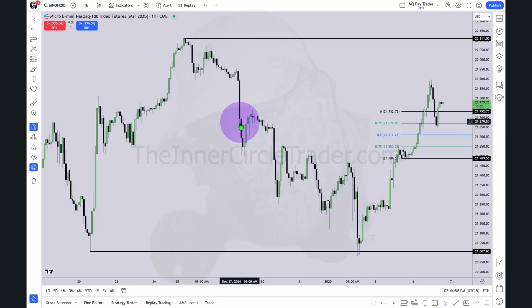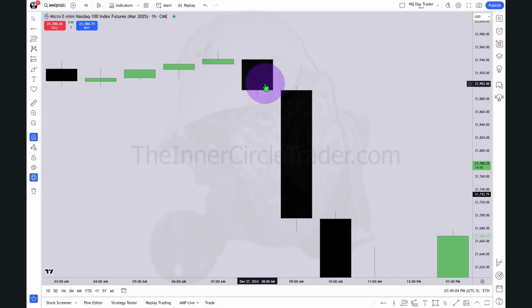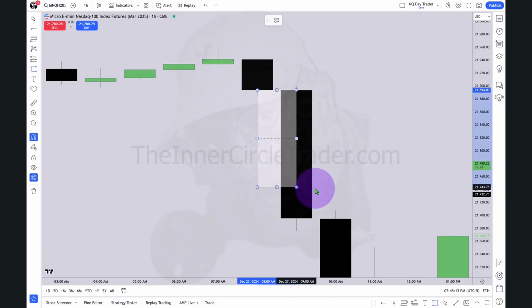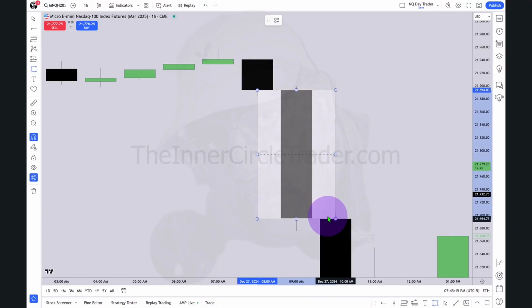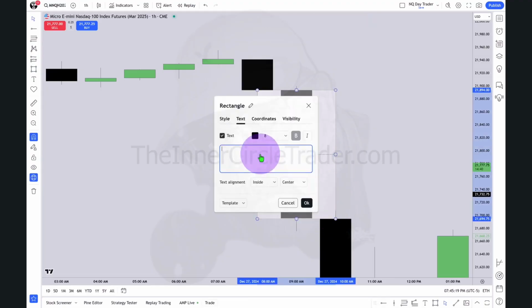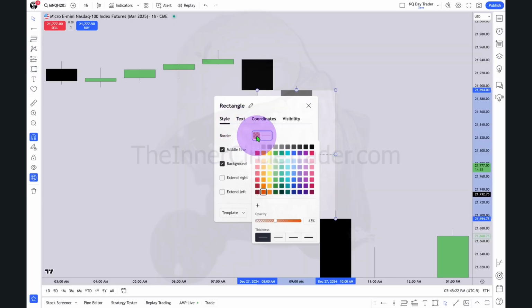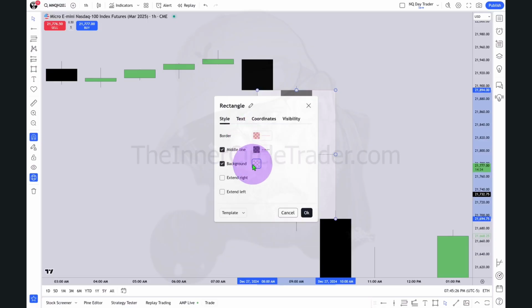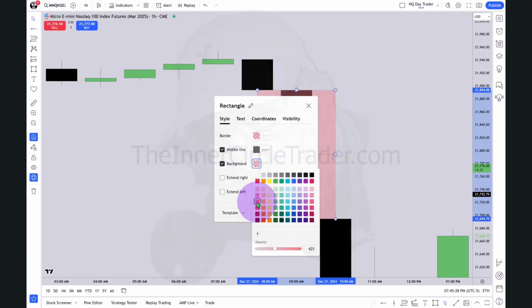So we can take this little area here and zoom in. Right there, it's this candle and this candle. So if we highlight that, this price, and we'll make it like that, so that way it flips a little bit.